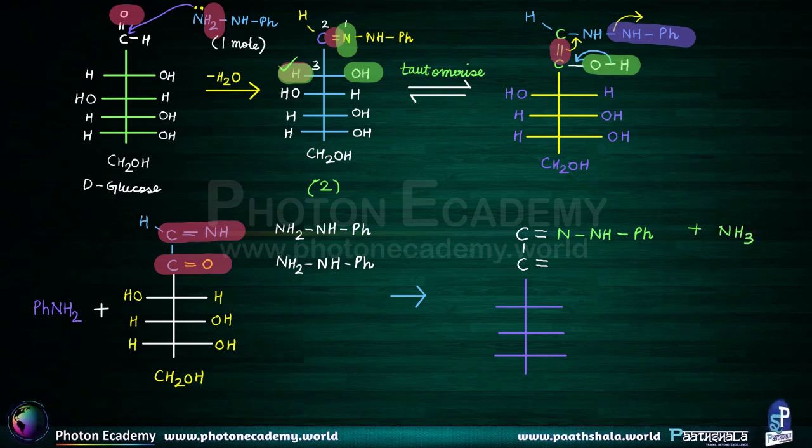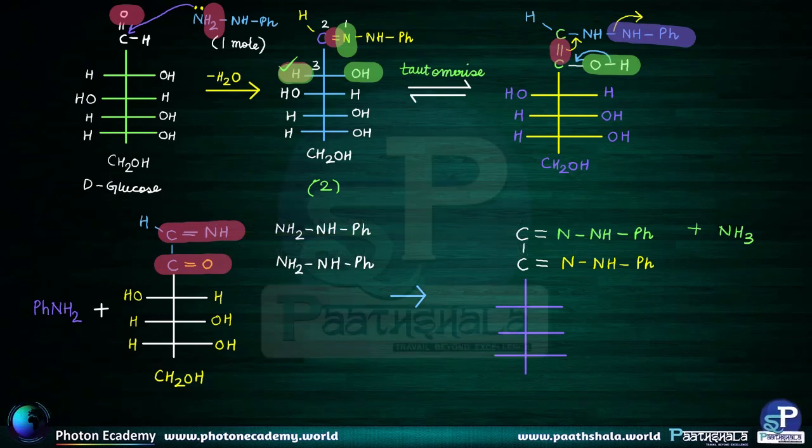Now in the second C double bond, we are going to attach the same N, NH and Ph. And in this one, you can clearly see that this oxygen is removed and this H2 is removed, and therefore we are getting H2O as a side product.